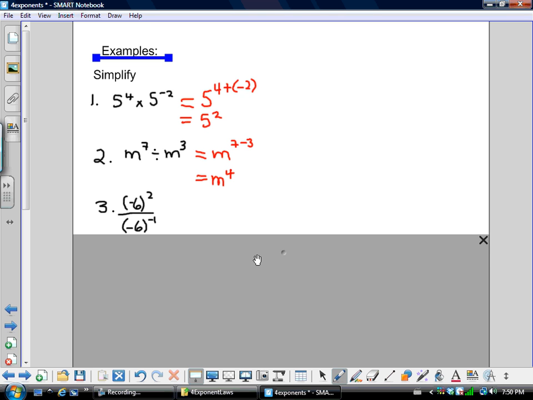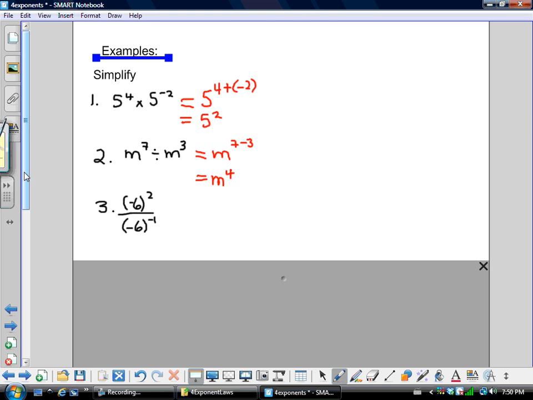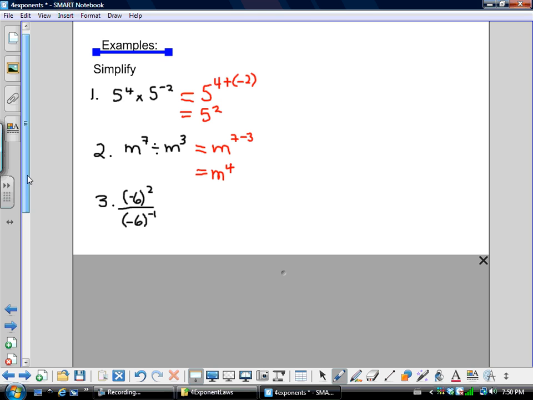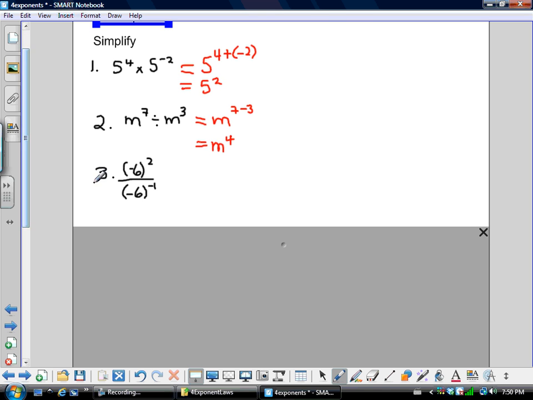If I look at the next one, there are a few different things going on here, so I could calculate it a couple different ways. Because my bases are both negative 6, I'm going to use the division law first rather than doing the flipping with the negative 1. My base is negative 6, so I have to have a bracket around my base when it is a negative base.